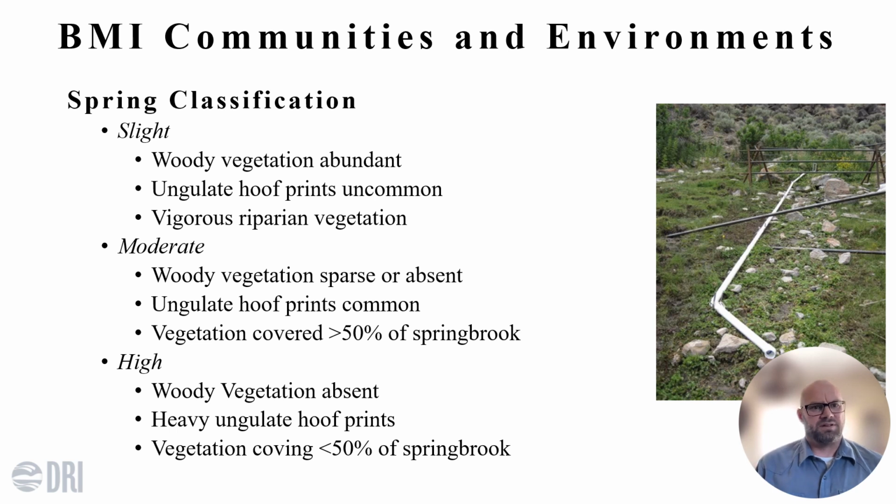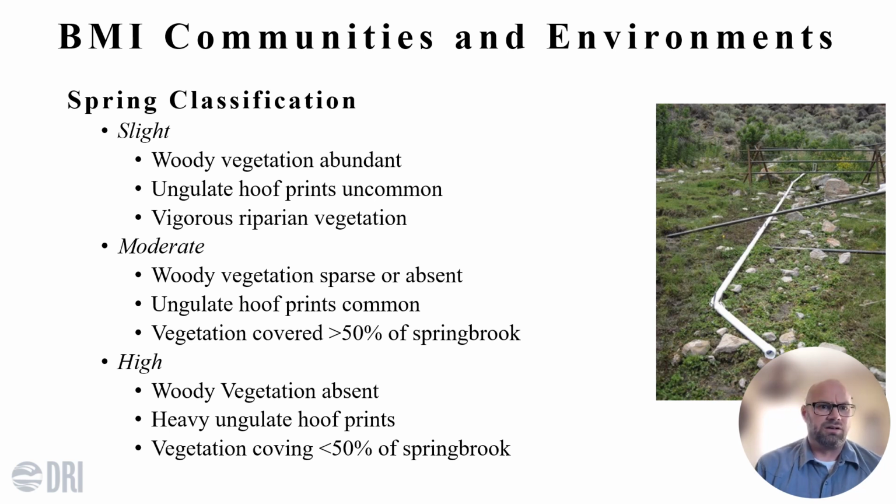Sada developed 3 categories for spring classification. For slight impacts, we have woody vegetation present and abundant. We do have ungulate hoof prints, but uncommon. But more importantly, we have vigorous riparian vegetation. For moderate, we have woody vegetation sparse or potentially even absent.